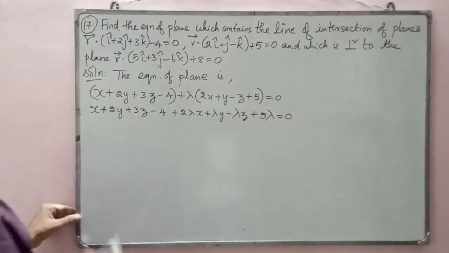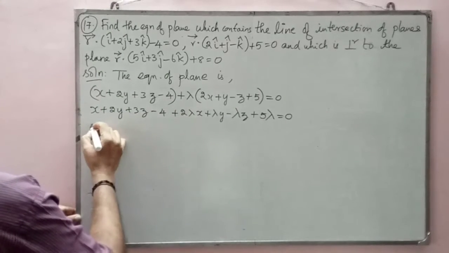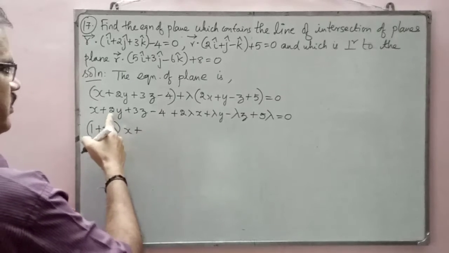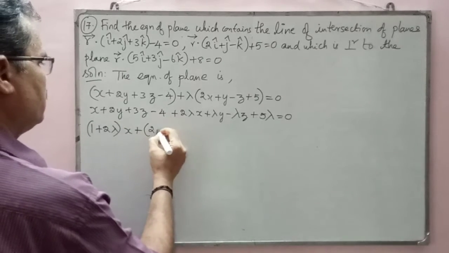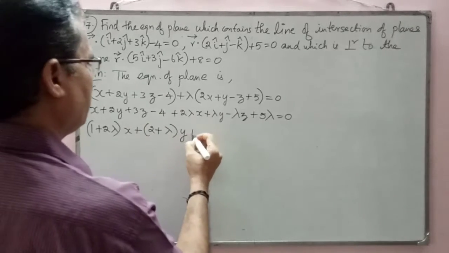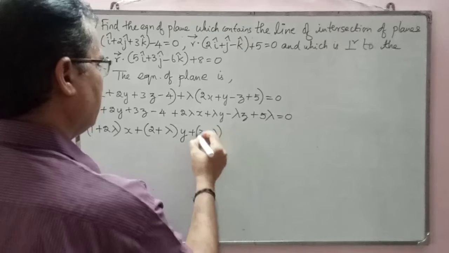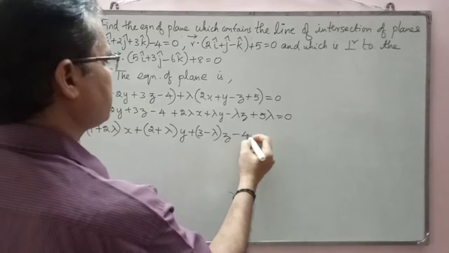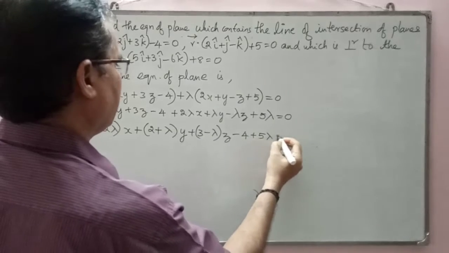Okay, children. Now group the x. (1 plus 2 lambda) into x plus (2 plus lambda) into y plus (3 minus lambda) into z, and the constant terms, minus 4 plus 5 lambda, equals 0.